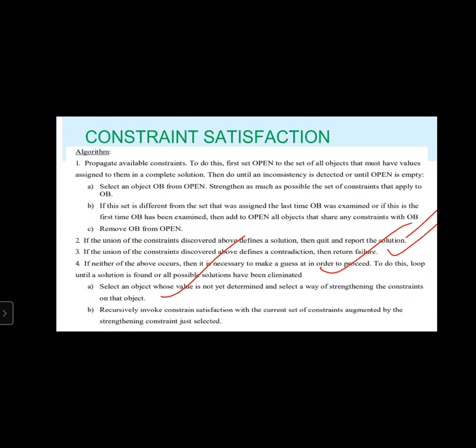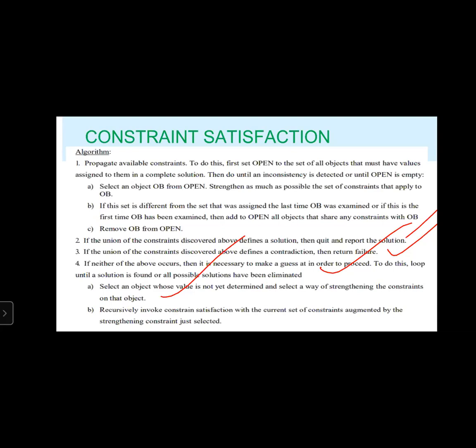If neither of the above occurs, then it is necessary to make a guess in order to proceed.